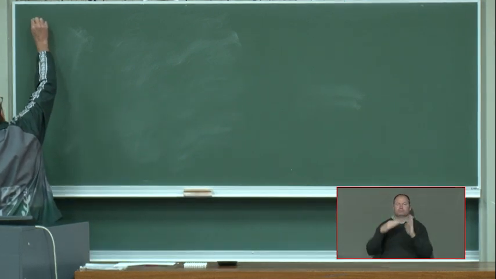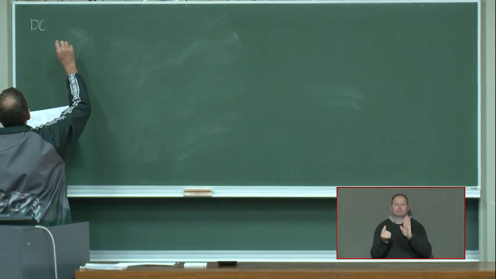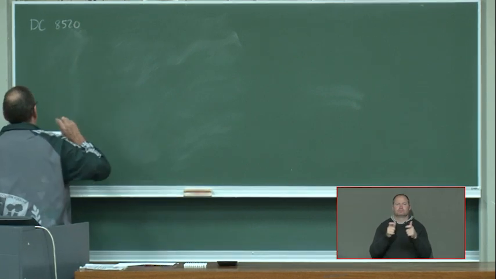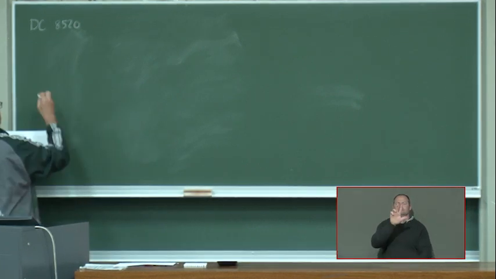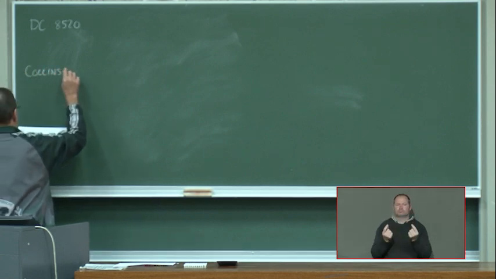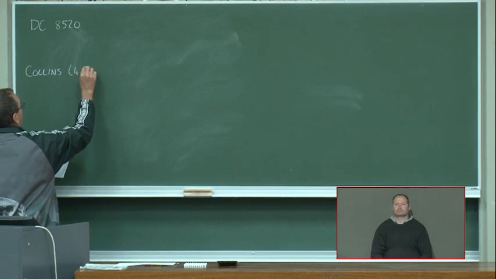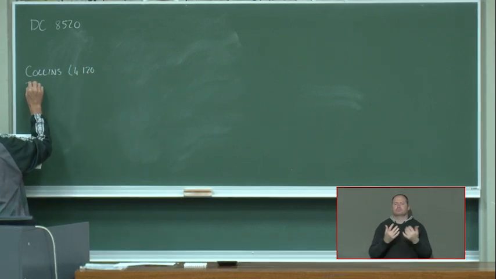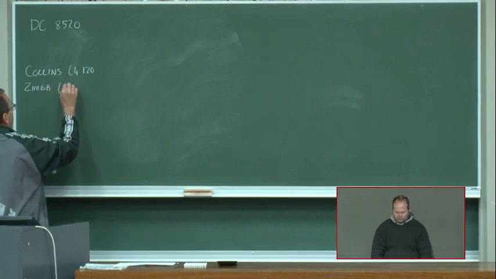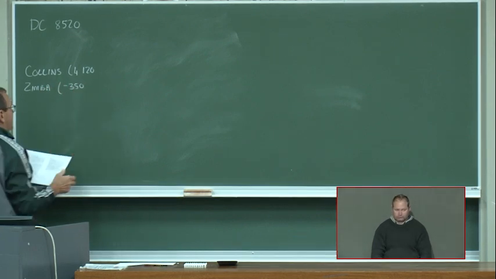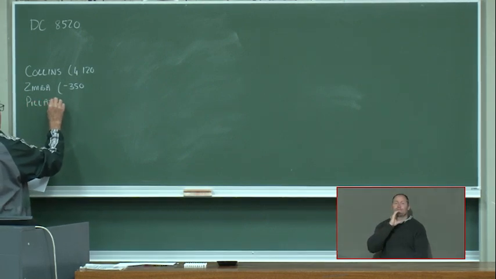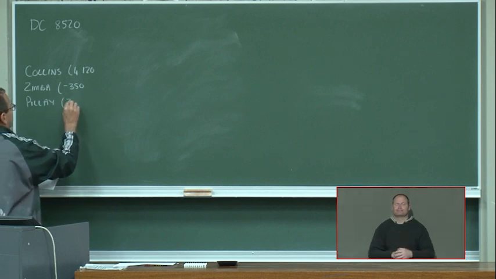So our debtors control, the balance is 8520. And then our list, we have Collins, who owes us 4120. We have Zimba. He has a credit of 350, so we write minus 350. Pillay, 3,400.